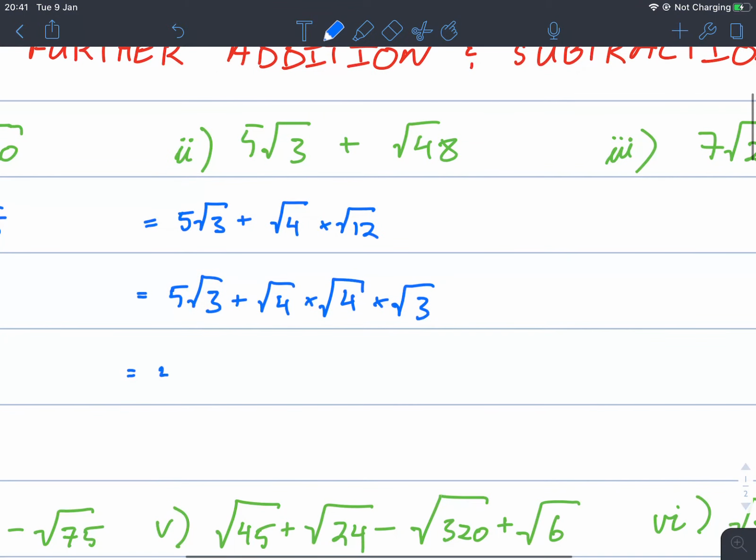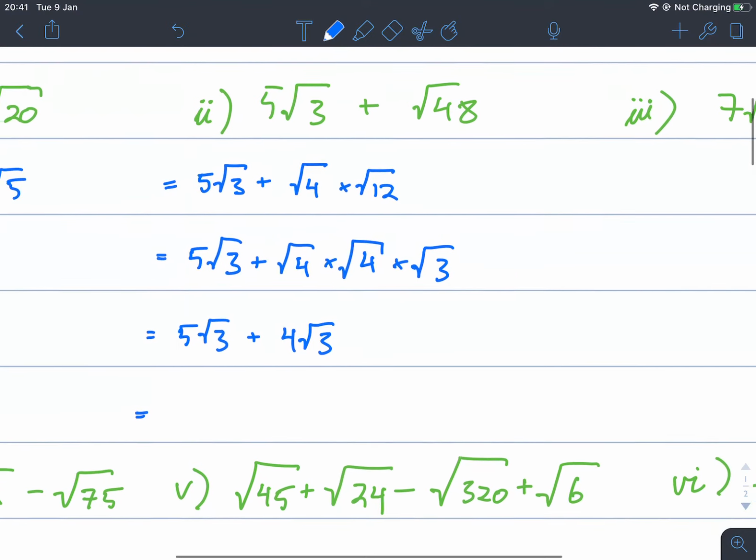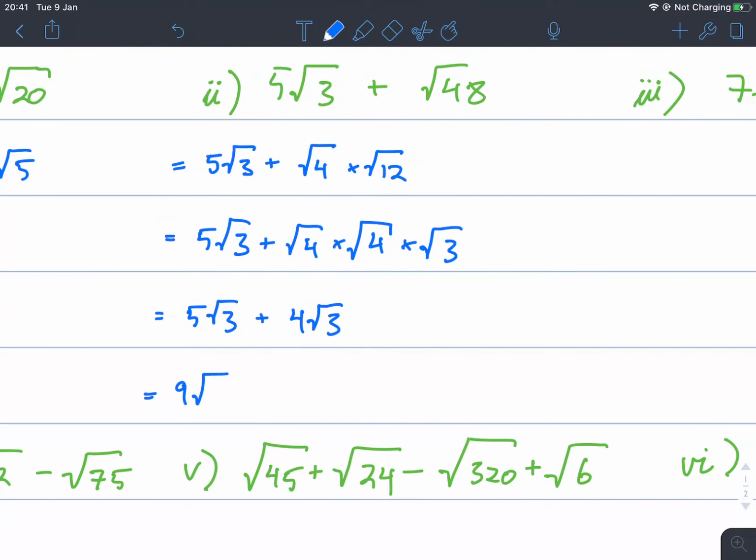And this will give me 5 root 3 plus 2 times 2. That will give me 4 root 3. And adding all of these together gives me 9 root 3.